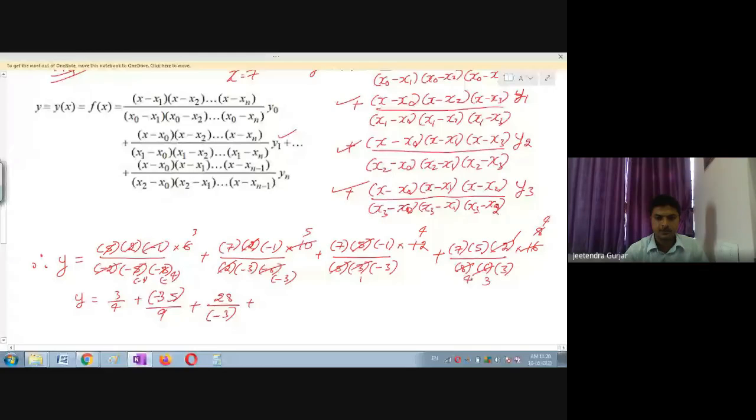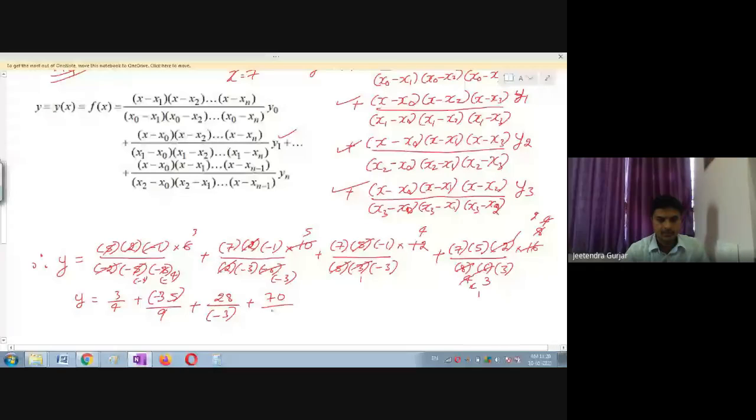Any other simplification we can do? 7 5s, so 2 into 5 is 10, 10 into 7 is 70, divided by 3 into 3, 9. Just oral simplification you can do.